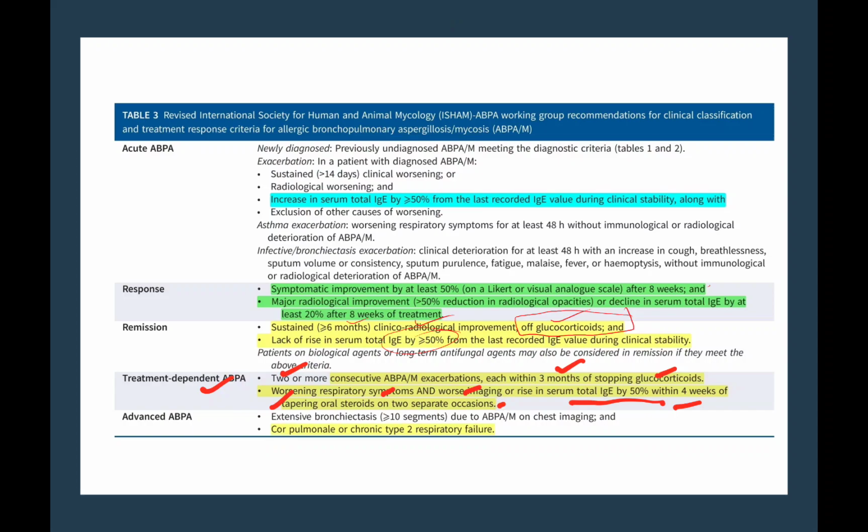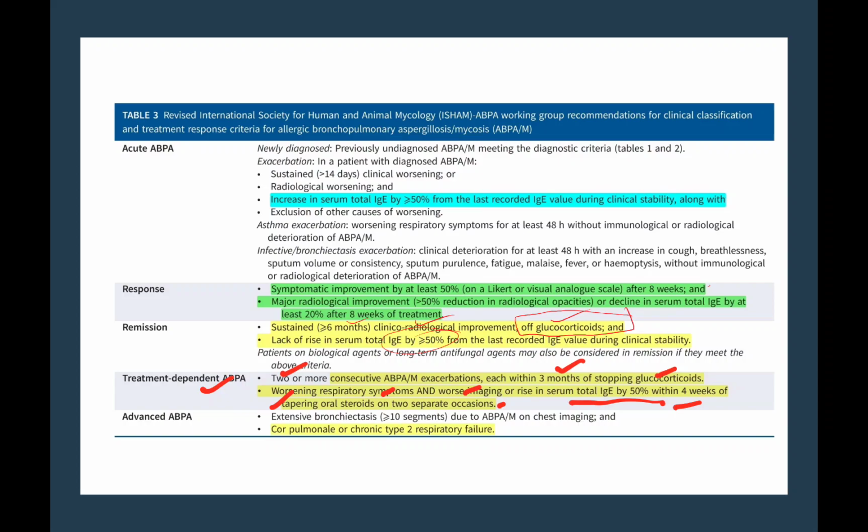We stop the steroid and within 3 months the patient gets 2 exacerbations. Or we try to taper the steroid, then the patient has respiratory symptoms, radiology worsening, and a rise in serum total IgE of more than 50% within 4 weeks of tapering on 2 different occasions. So this is treatment dependent ABPA.